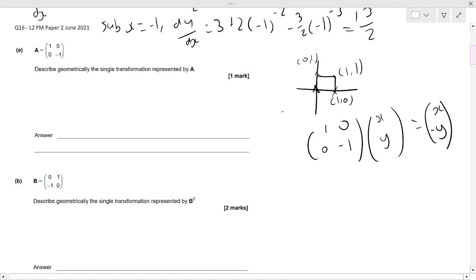So, for example, the origin, 0, 0, will still be 0, 0. That's cool. Then 0, 1 would go to, using this formula, x stays the same, 0, then y will be minus y, so minus 1. So it'd be here, right?